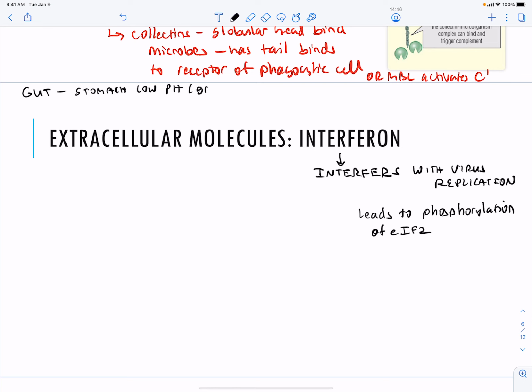Your gram-negative bacteria and your capsid viruses can pass. And when we talk about these pathogens, we'll understand why. But most things, when they get to the gut pH or the stomach pH, will definitely be neutralized.